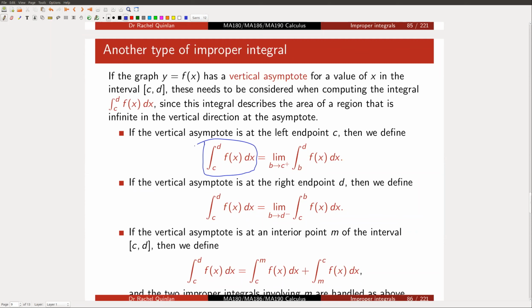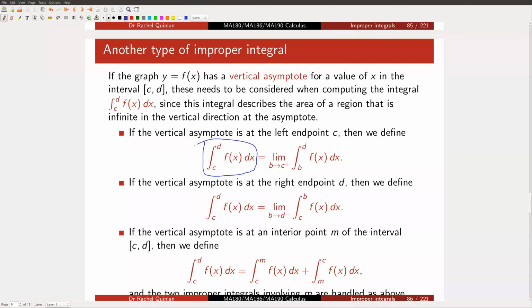If there's a point in the interior of the interval from c to d where the function actually has a vertical asymptote. So for example, if it's 1 over x and your region includes 0, then you potentially have a problem because the values of the function are undefined at the point where the asymptote is itself, and they're blowing up to infinity to the left and right of it most usually. And potentially this integral also can't be defined.